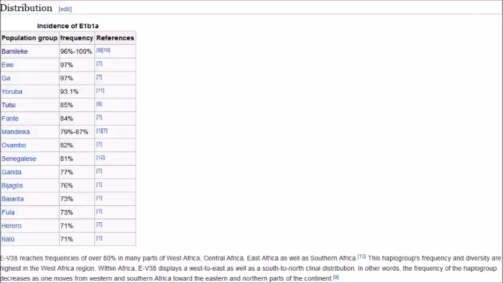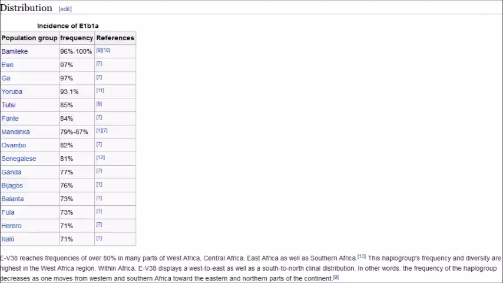All right, back to the DNA segment. E1B1A, the Bantu, the Negroes. Now here is a nice sample of some of the West African tribes that we are mixed into.